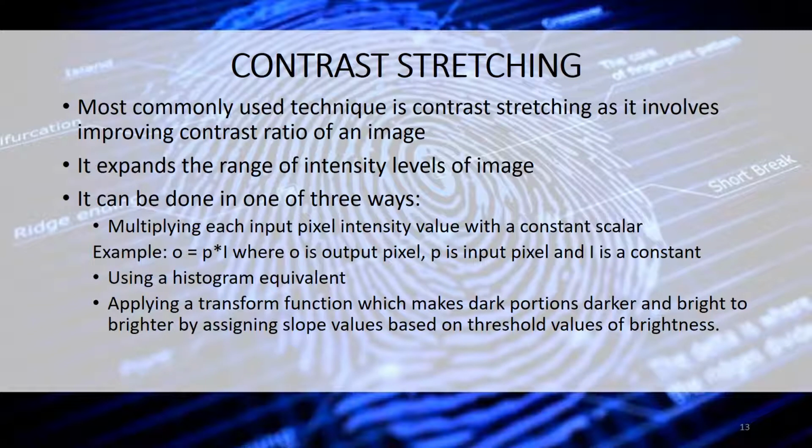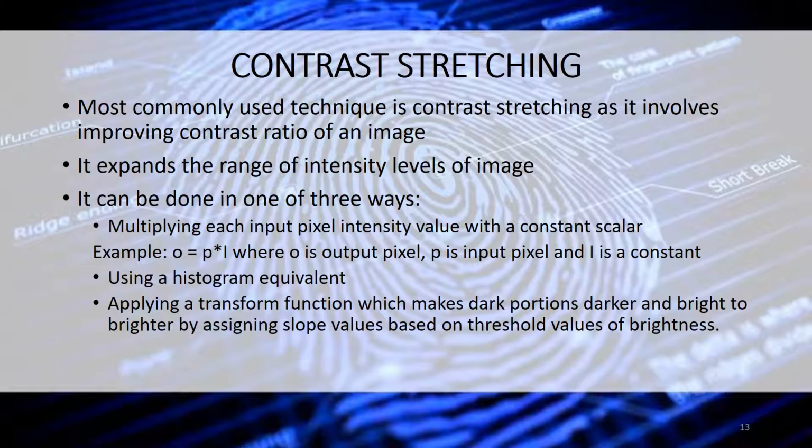Contrast stretching. It is the most commonly used technique as it involves the contrast ratio of an image. It expands the range of intensity levels of an image, and it can be done in one of three ways. The first would be multiplying each input pixel intensity value with a constant scalar value, where O is the output pixel, P is the input pixel, and I is a constant.